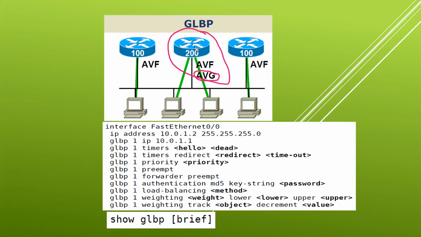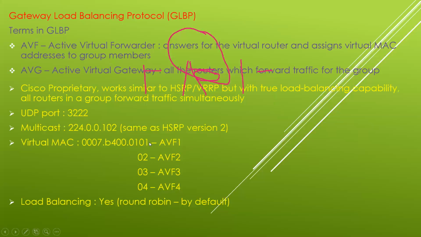At the same time, this router is forwarding, this router is forwarding, and this router is also forwarding because of the AVFs. In the previous slide we talked about the virtual MAC addresses. They will take the MAC addresses one by one from there, so that they can forward the traffic.